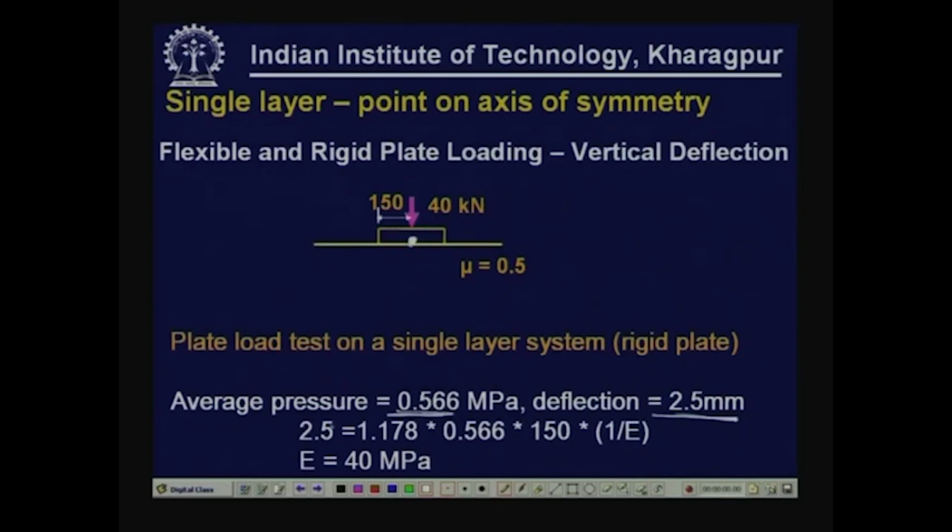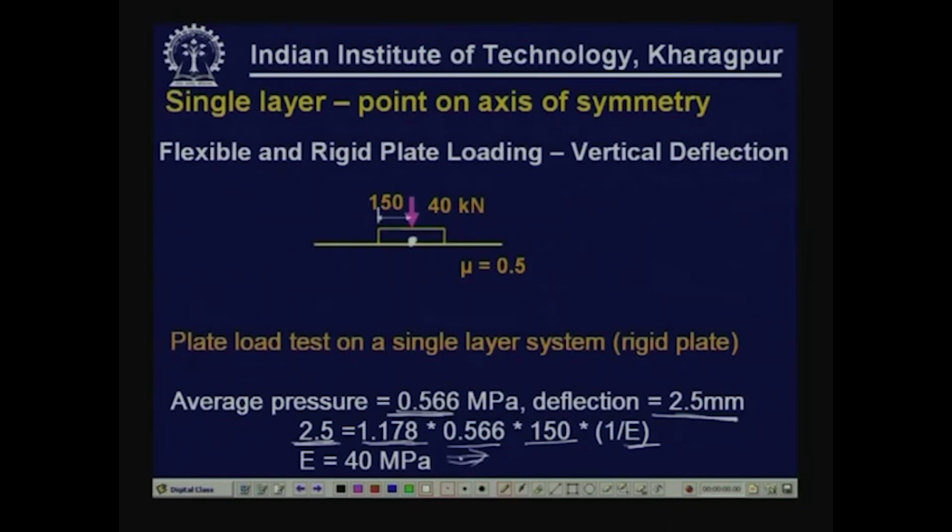Substituting this in the expression for surface deflection for rigid plate, 2.5 millimeter, this is the surface deflection that is measured, is given as 1.178. You can approximate this to 1.18 also, into P into A divided by E. E is what we do not know, but we have all the other inputs available. From this we can estimate what is the elastic modulus value of the layer.